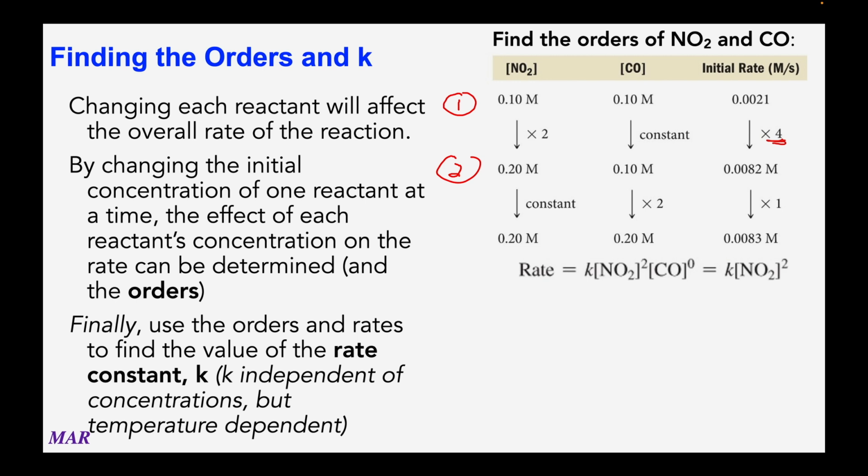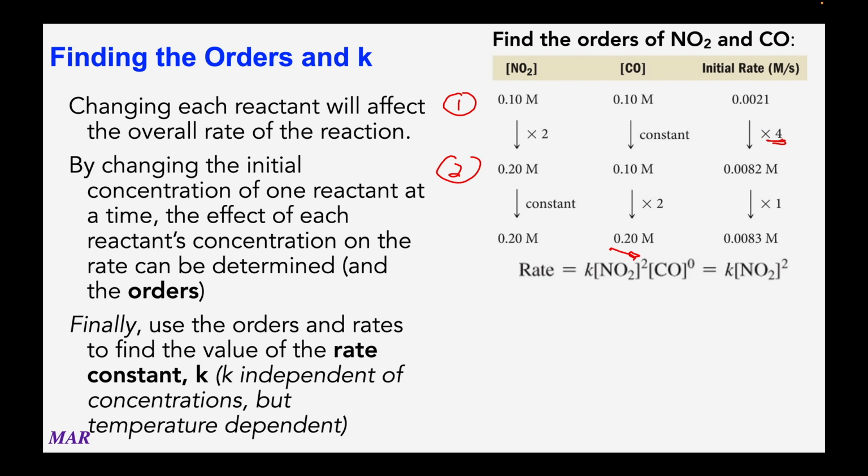So 2 to the x equals 4, x is going to be 0, 1, or 2, x here has to be 2. And that's how they found the NO2 squared part down there at the bottom. The doubling of NO2 resulted in a rate change of 4. 2 to the x equals 4. X is going to be 2.